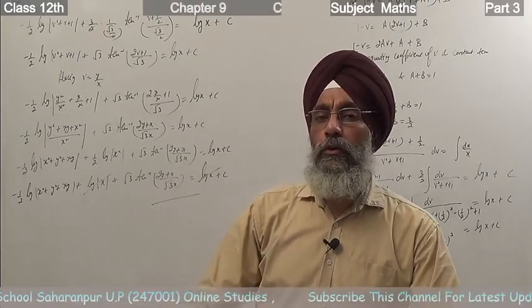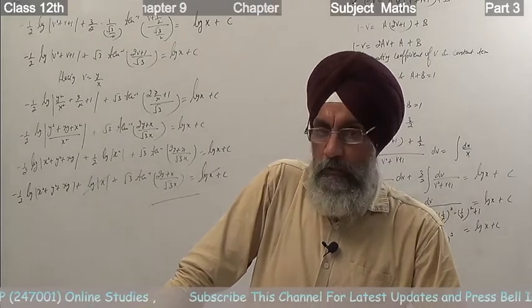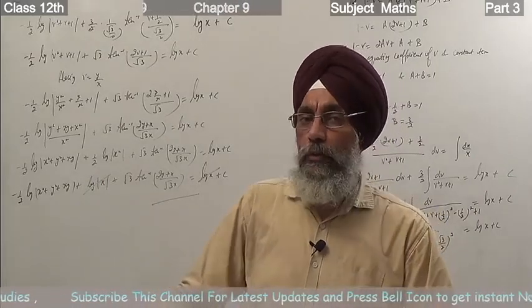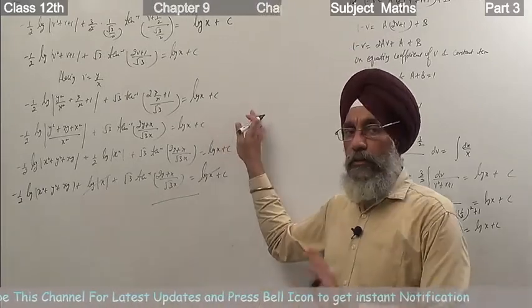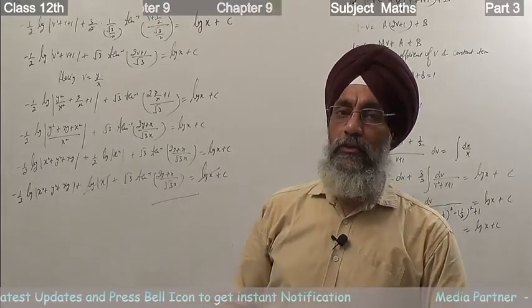You must complete exercise 9.4 today, and moreover in these 10 questions you must check whether they are homogeneous or not. Don't solve them, only understand these questions. I will discuss these questions in detail with you in the next lecture. Till then, thank you.